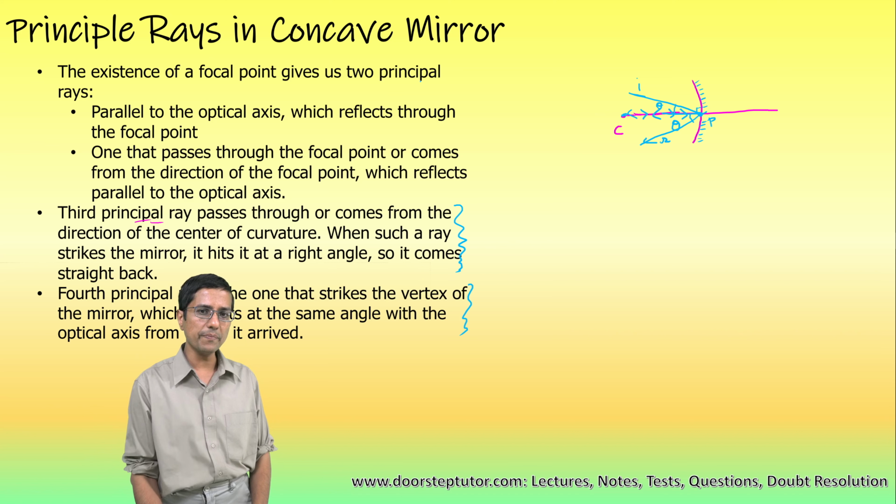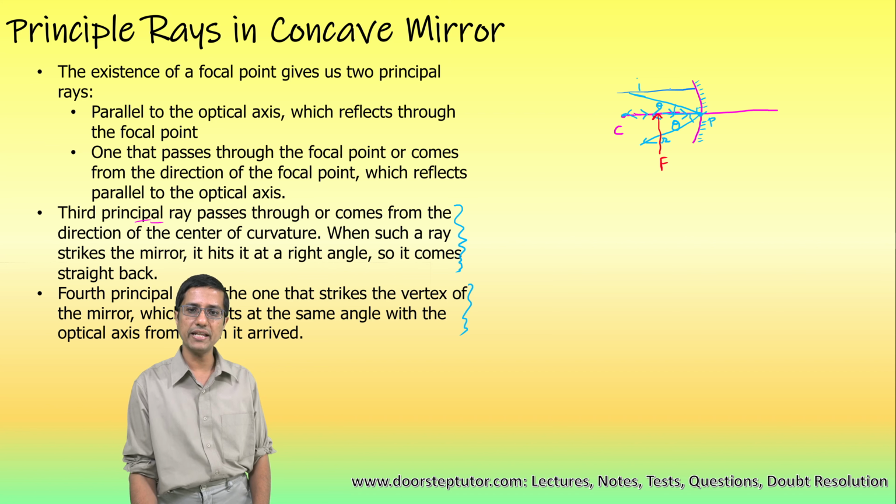Now there are two other principal rays which come from the fact that whenever we have a mirror, there is a point in the mirror known as the focus. And what is the definition of this point? By definition, the rays which are coming from infinity, parallel to the principal axis, always reflect back and pass through the focus.